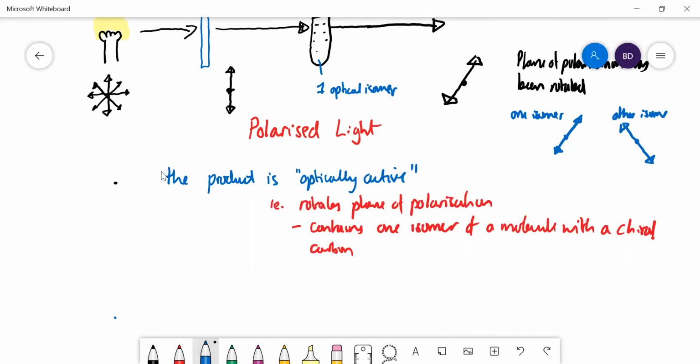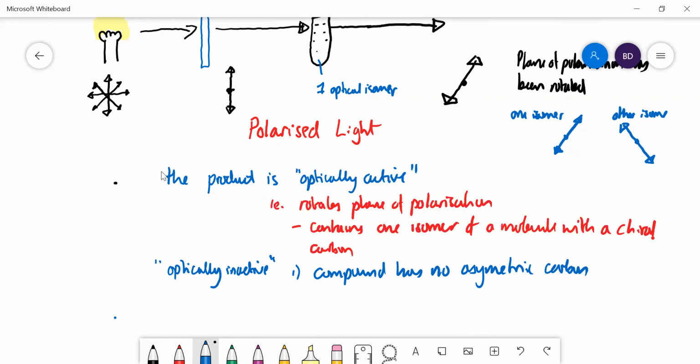Now, if a solution is optically inactive, and this is where it can cause a bit of confusion, it can mean one of two things. It can mean, one, that the compound has no asymmetric carbon in it, or it can mean that you have a 50-50 mixture of two optical isomers of the same compound.